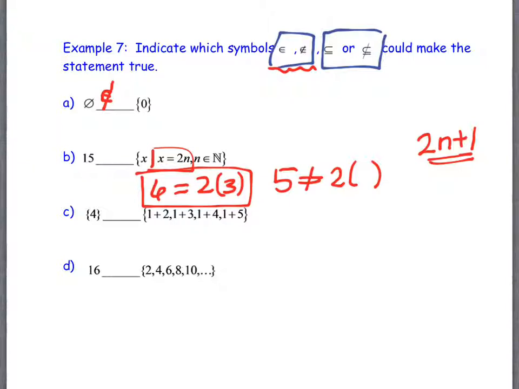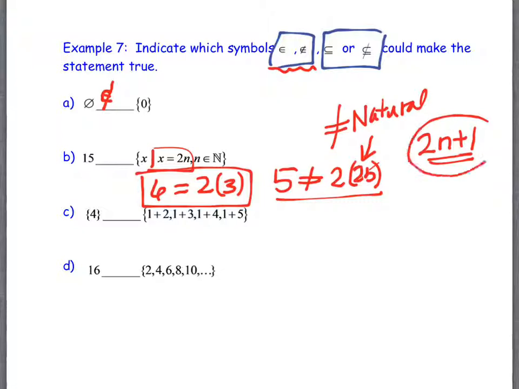The only way it's in the set is if it's twice as much as some other number. So 5 is not in that set because 5 would be twice as much as the number 2.5, but 2.5 is not a natural number. Right? So it's supposed to be natural numbers doubled. And if you double natural numbers, you get even numbers.